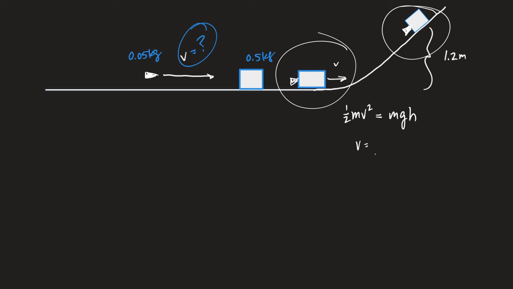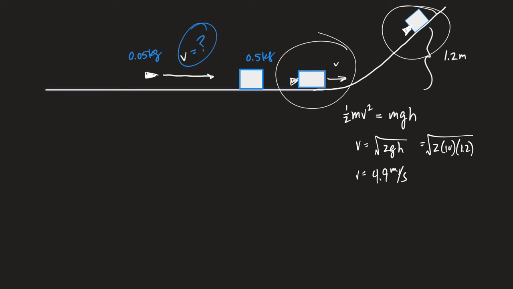So we find that the velocity is going to be equal to the square root of 2gh. So square root of 2 times 10 times 1.2. I don't know what that is, but it's probably a little bit more than 4 and less than 5. Okay. So 4.9 meters per second.